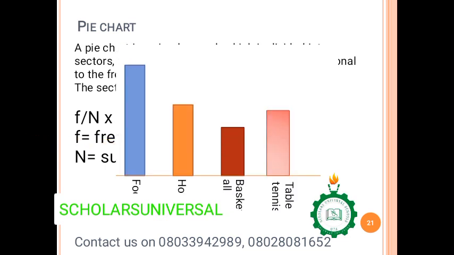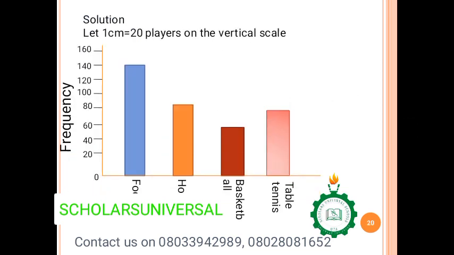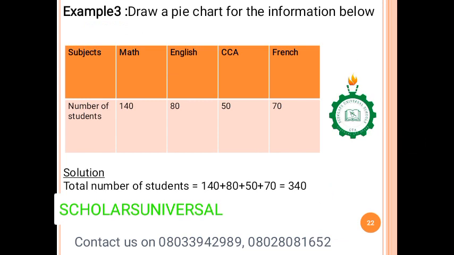For example, if I choose to draw a pie chart of this one, I will add all the numbers of students together, and that will be the sum of the frequencies. Then I will start with, say, 70: it will be 70 over the sum times 360. That is how you calculate for your pie chart.